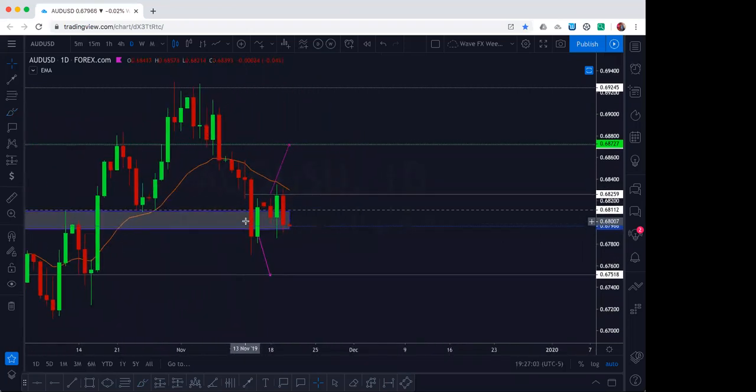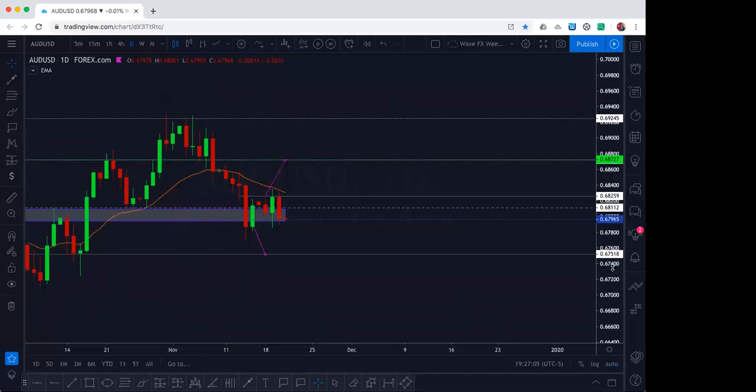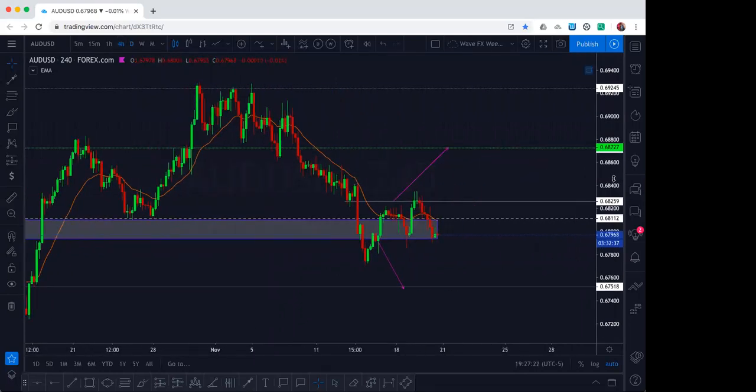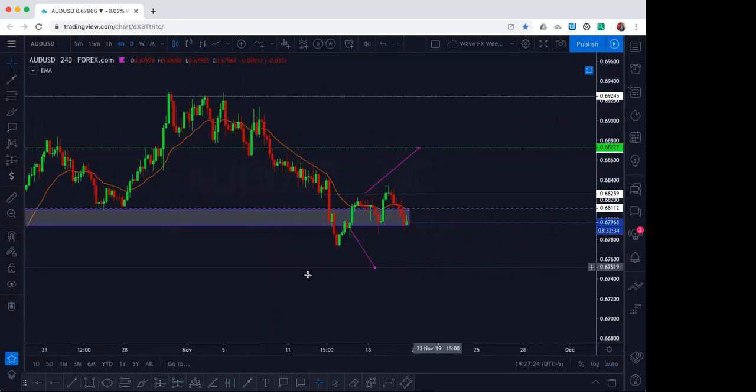Let me just see if I can highlight a level for you. Let me just check something real quick. All right, so we should be expecting bearish price movement out of this overall trade, and this would become our target point. So this level here would be our target area, simply for the market to push lower.